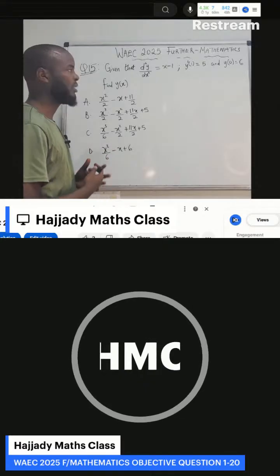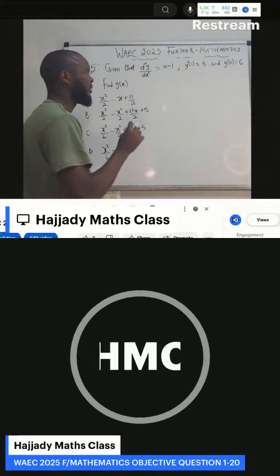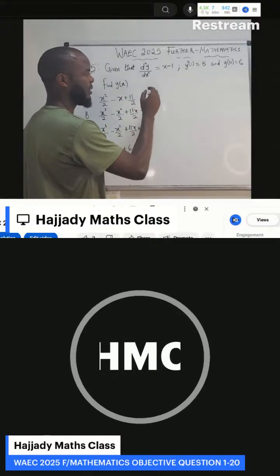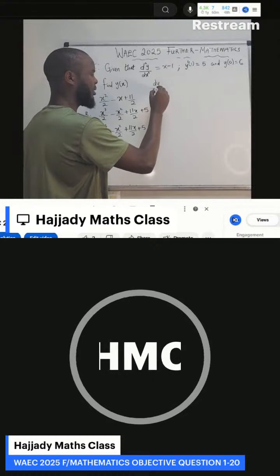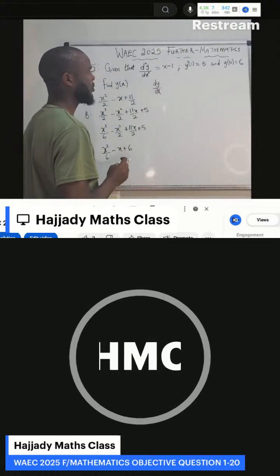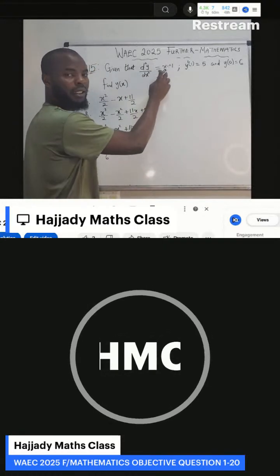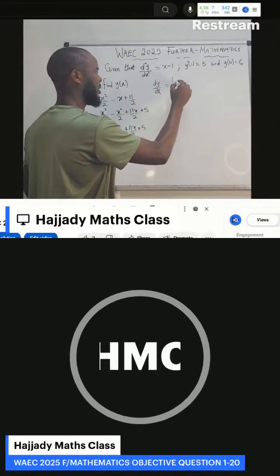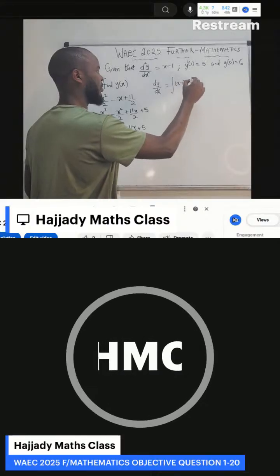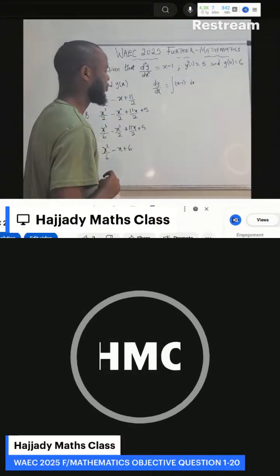Well, how do we solve this? Now, let's do this. The second derivative has been given as this. What about the first derivative? To get the first derivative, you want to integrate both sides. So you find the integral of this with respect to x.